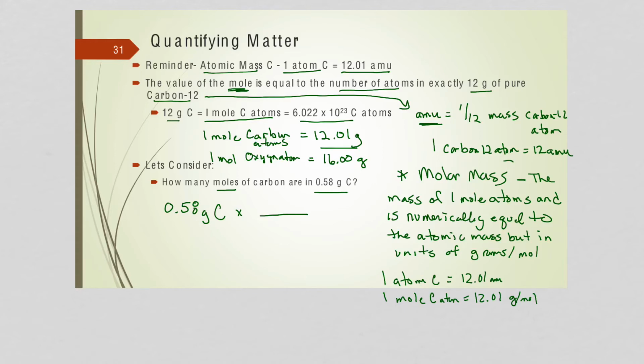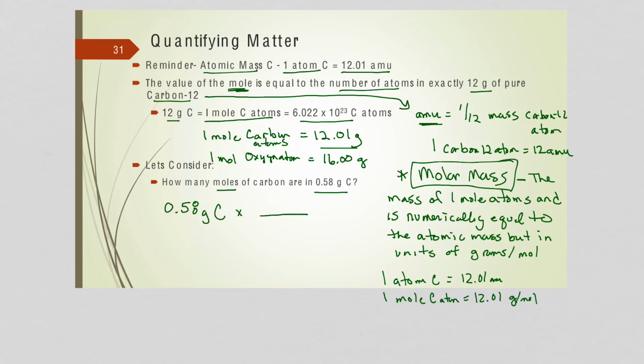So this molar mass becomes an extremely important concept when we start to quantify, because we want to quantify things in terms of mass. So moles are great. Moles allow me to have a way to quantify the number of atoms. But now with the molar mass, I have a way to convert my moles into grams.